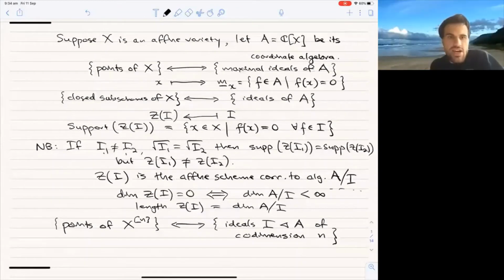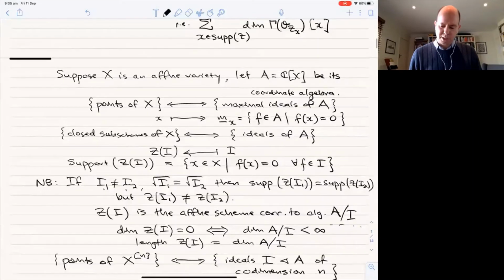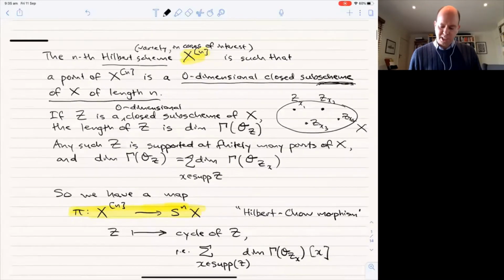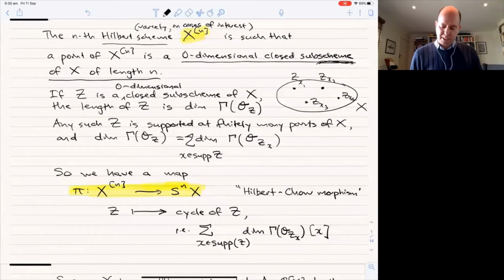Anthony, can I just ask, will the significance of subschemes be more than just a multiplicity thing? Yeah, so that's another good question. If it was just a multiplicity thing, then you would effectively have the symmetric power. In the examples that we're about to see, there's more information in the subscheme than just multiplicities.